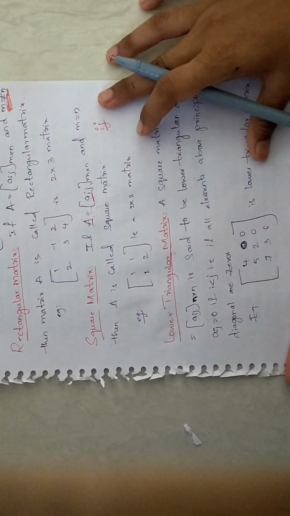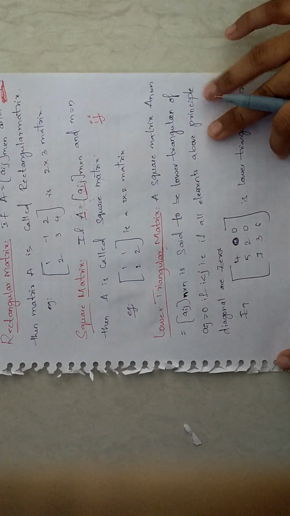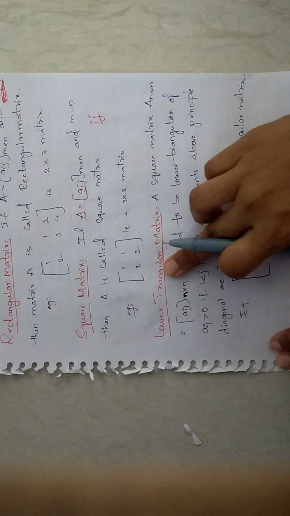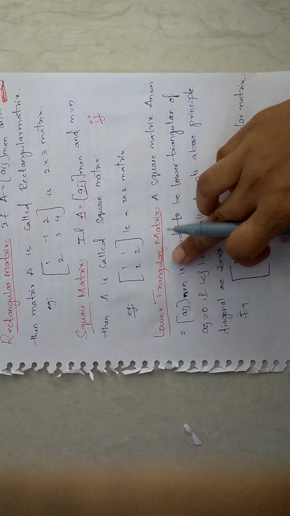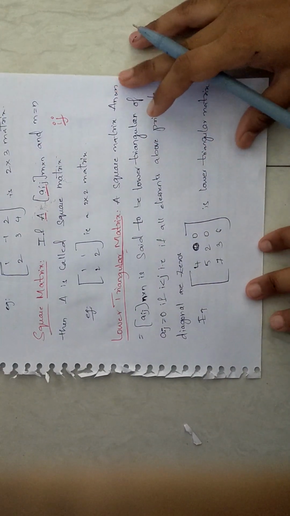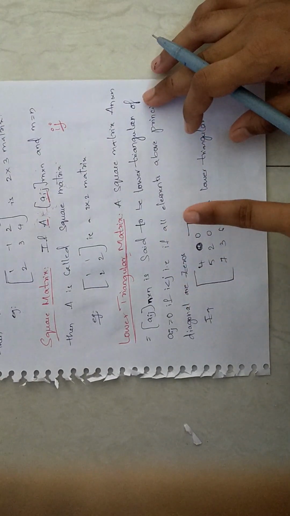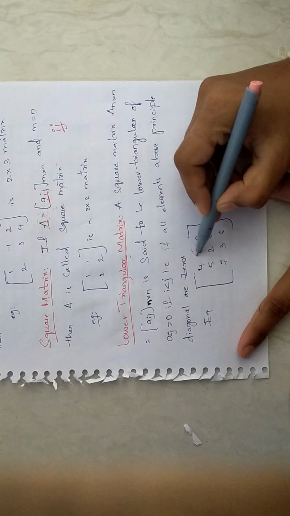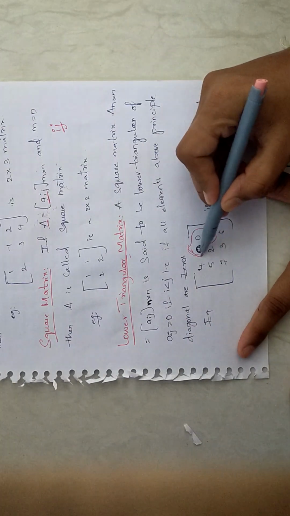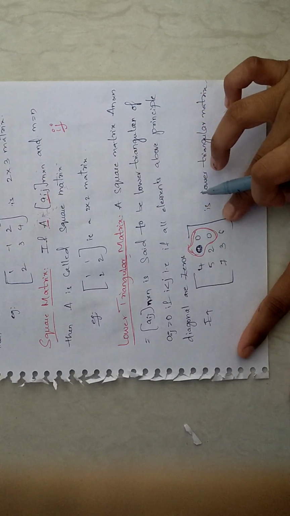Now lower triangular matrix. The name says lower triangular, but it will be in reverse when we take an example. Remember this, most people get confused here. Lower triangular matrix means the upper elements should be 0, that is, the elements above the diagonal. This is a lower triangular matrix.